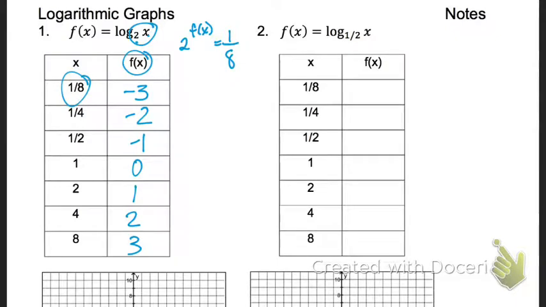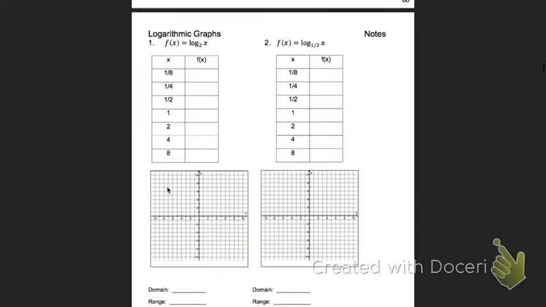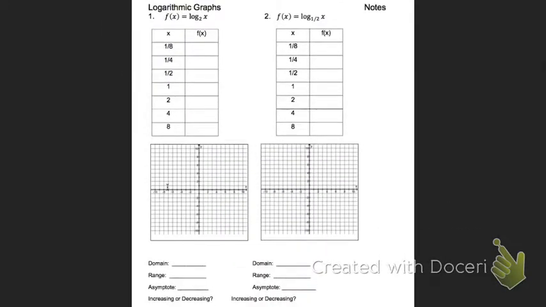Now if I want to graph this, then I'm going to plot my points. So I had negative 3, negative 2, negative 1, 0, 1, 2, 3.